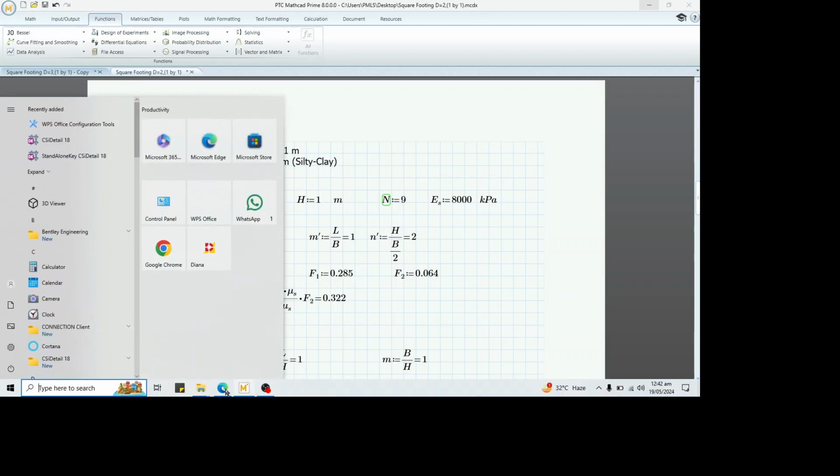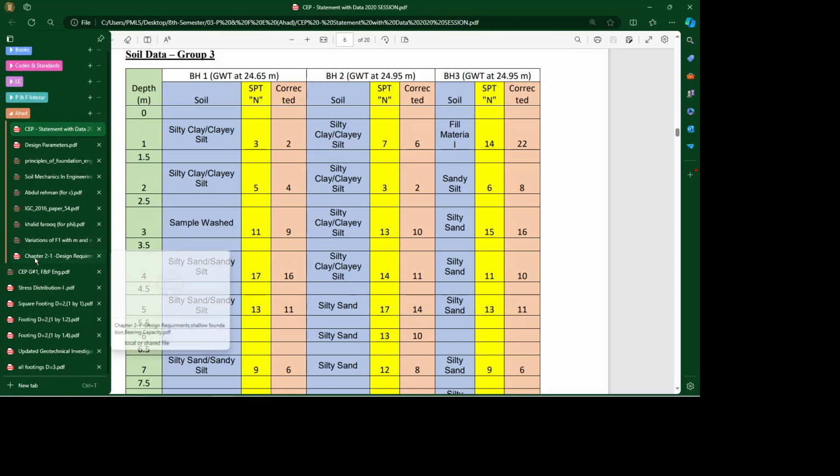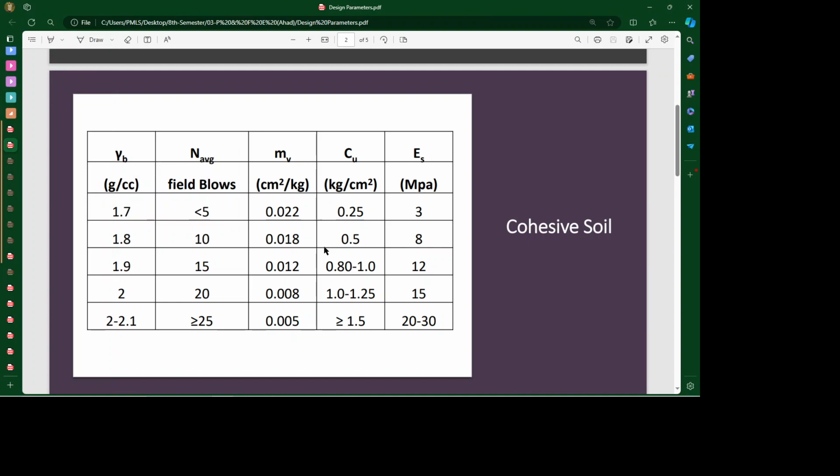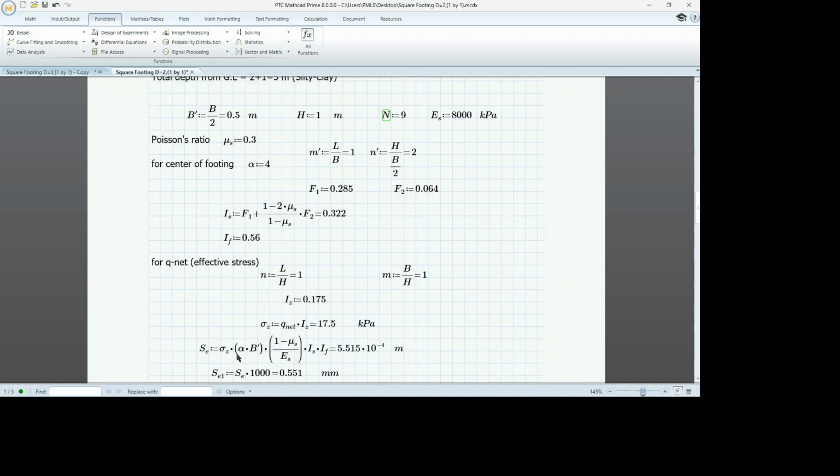Es was selected from the design parameters provided by the sir. If the SPT-N value is less than 5, Es is equal to 3 megapascal. If the SPT-N value is 10, the Es will be 8 megapascal. So this was used. Poisson ratio was selected based on the literature. 0.25 to 0.35 was the range, so we selected 0.3. M prime and N prime were used to calculate the effective settlement.